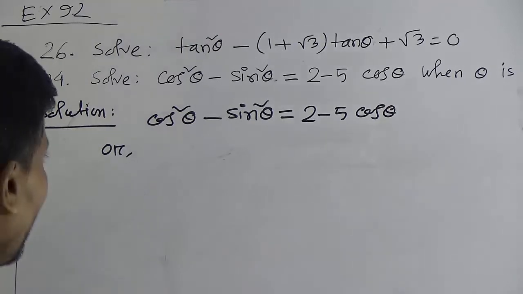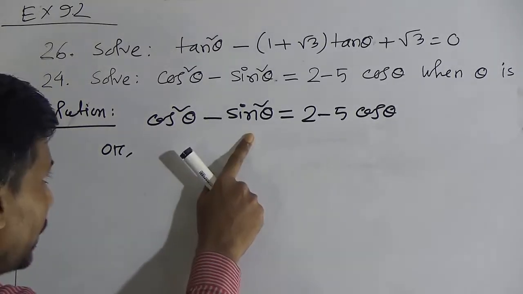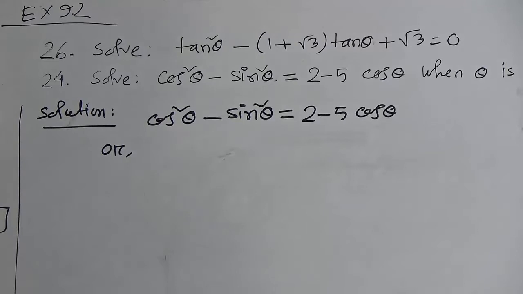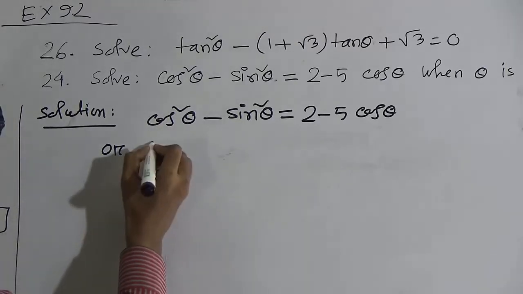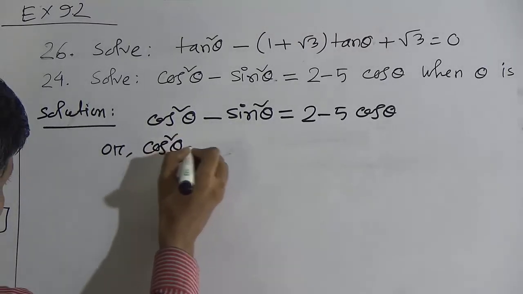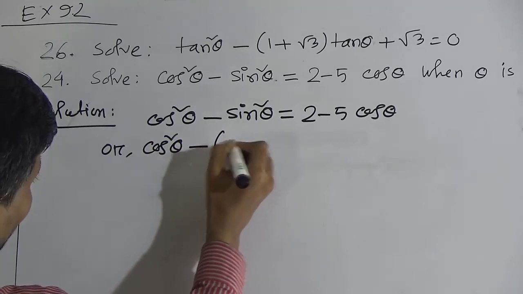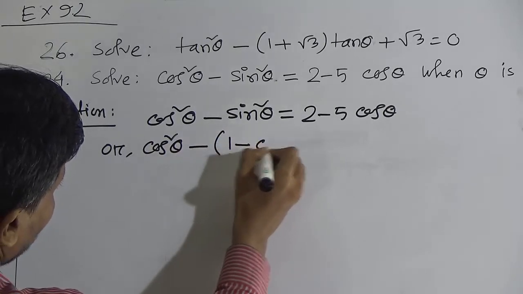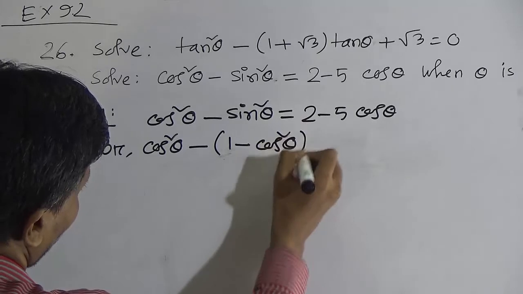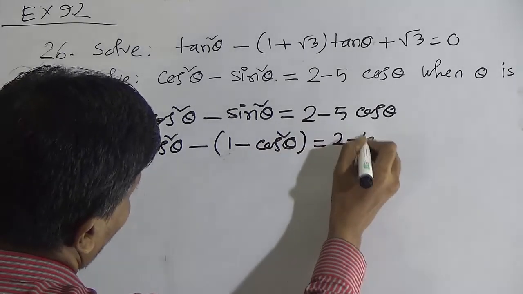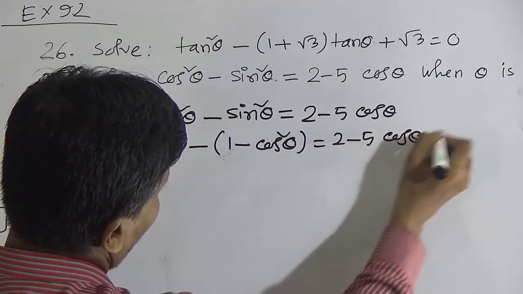So we may convert sin square theta to cos square theta. Okay, look, cos square theta minus sin square theta equal to what? 1 minus cos square theta, 2 minus 5 cos theta.